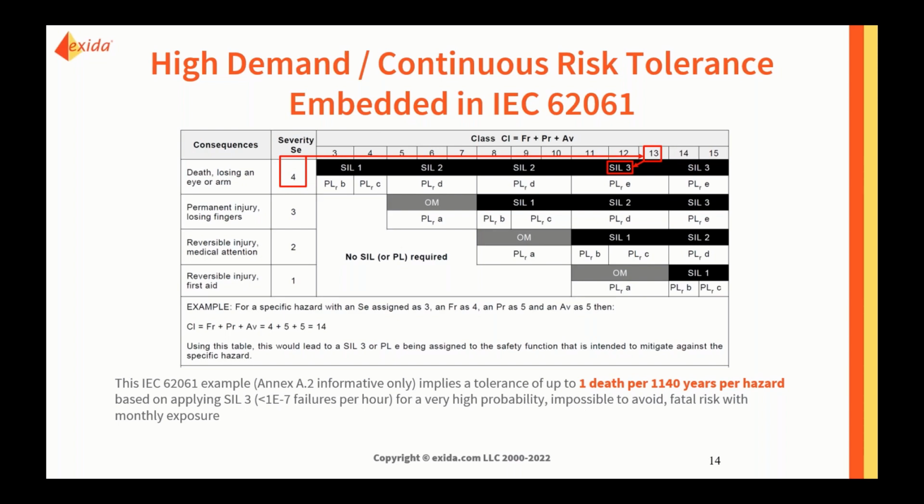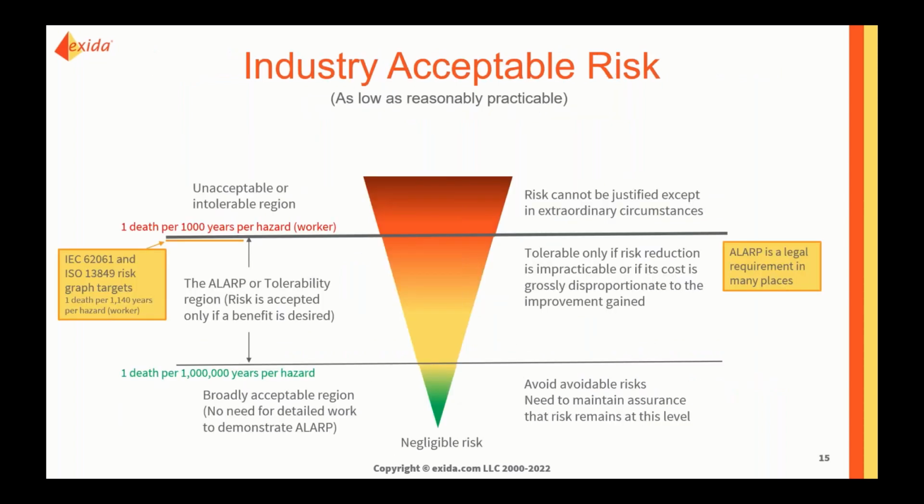Now, that may or may not be acceptable, and that's where we start to get into trouble. If we blindly apply that guideline, and this is a reference back to the original publications on the concept of ALARP, we find that that 1 fatal accident in 1,140 years is actually sitting very, very close to the intolerable region of 1 fatal accident per 1,000 years of exposure.